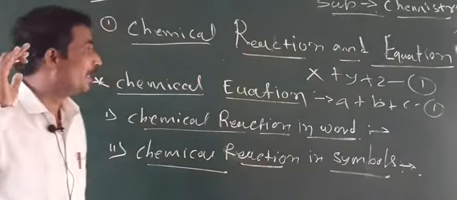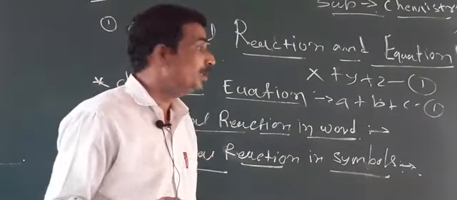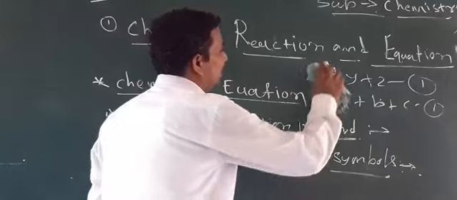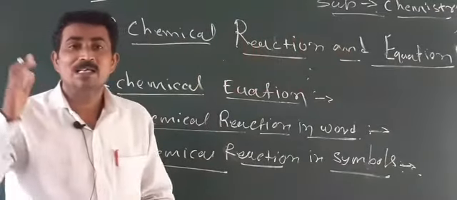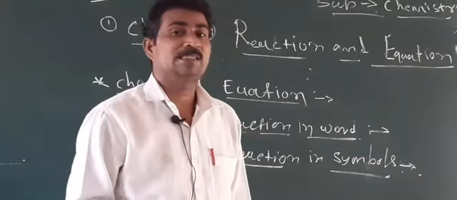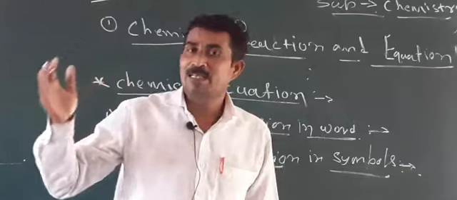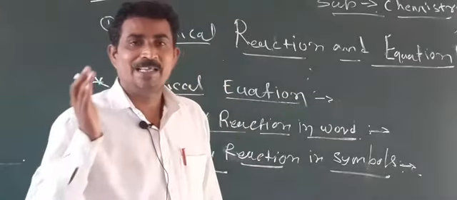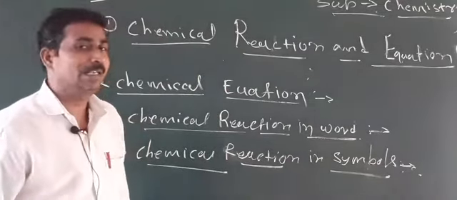In chemical reactions also there is an equation, and we want to know the method. A chemical equation is when chemical compounds and elements are arranged in a systematic way.